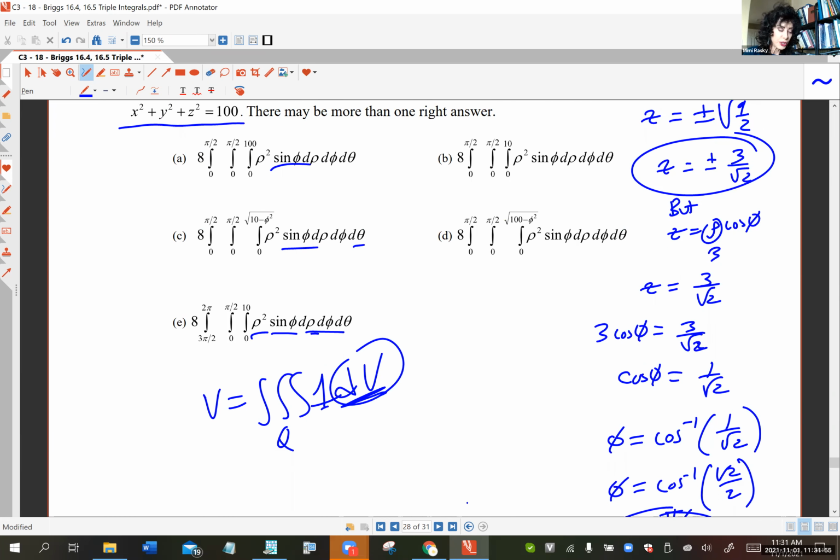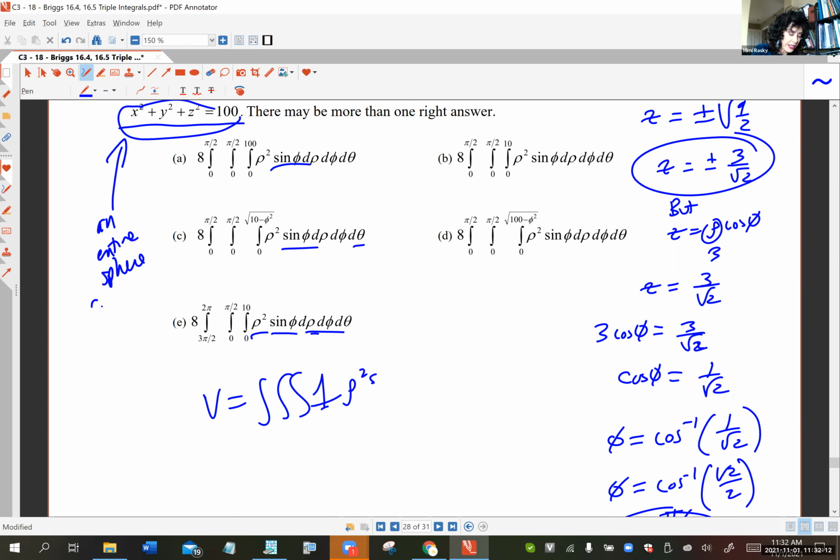Now, if you are doing the entire sphere, then your rho would be between 0 and 10, because this equation here is an entire sphere centered at the origin of radius 10. Can't write too fast this morning. Radius 10.